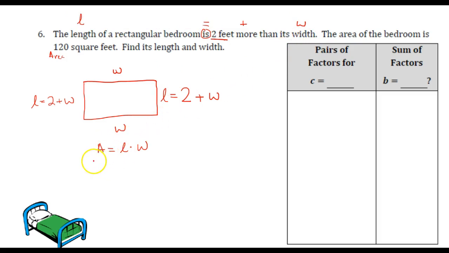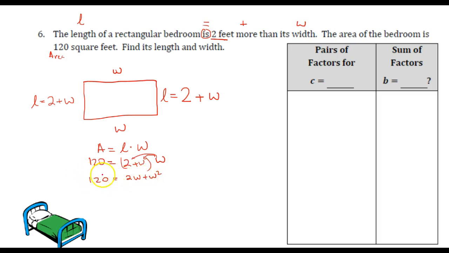So here I have area is 120. My length is 2 plus W. And my width is just W. So I'm going to simplify this out. W times W and W times 2. And that would be 2W plus W squared equals 120.